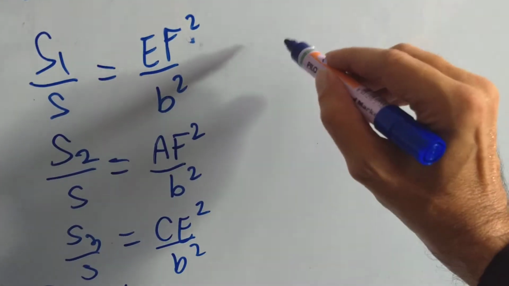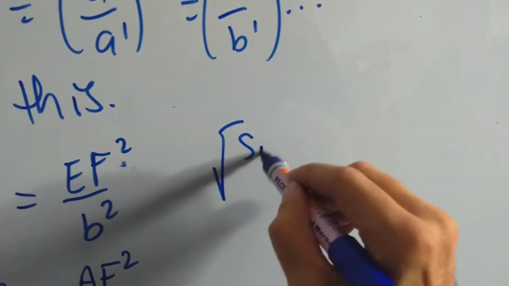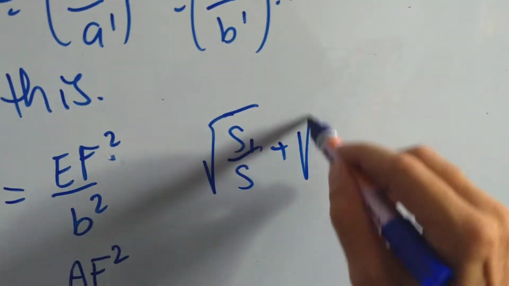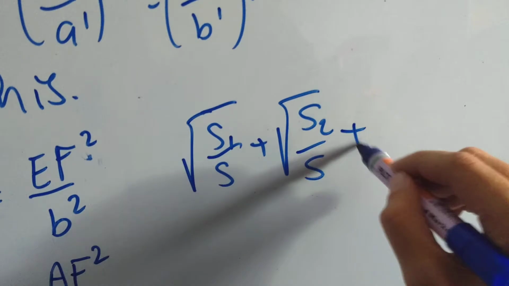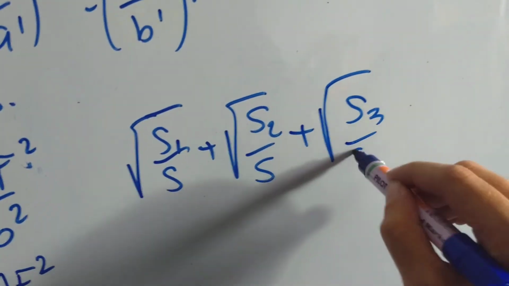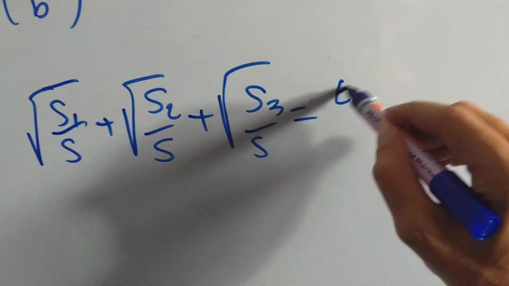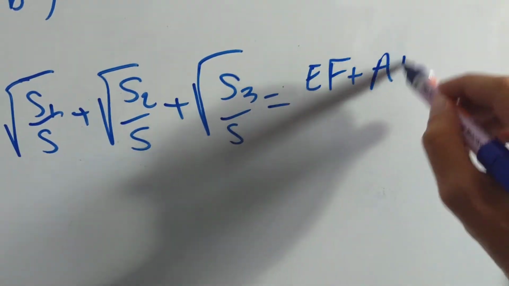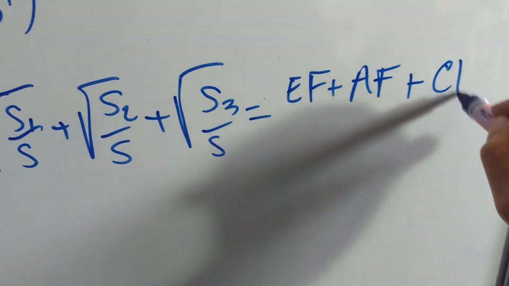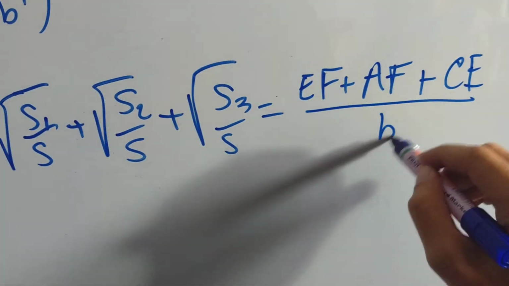Now, add them all together. So I have the square root of S1 over S plus the square root of S2 over S plus the square root of S3 over S. This is equal to, watch this, EF plus AF plus CE divided by B.